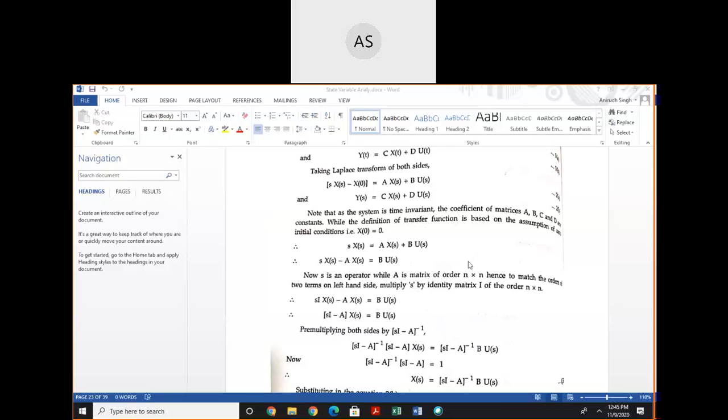So to match the order of these two terms, because s is an operator, we take an identity matrix I. The order of this identity matrix is the same as the order of the A matrix, meaning the order of both I and A is the same, n cross n. So we can write this equation.